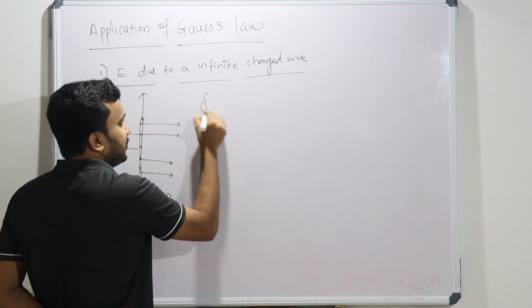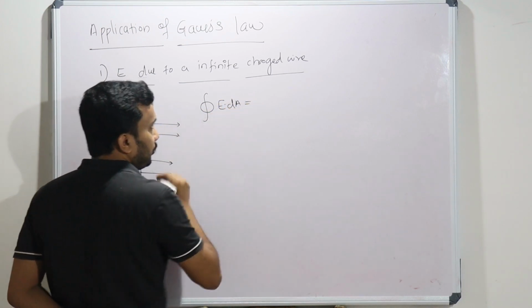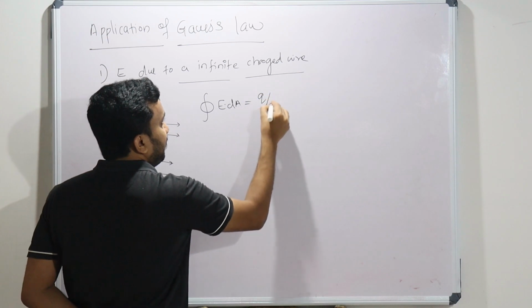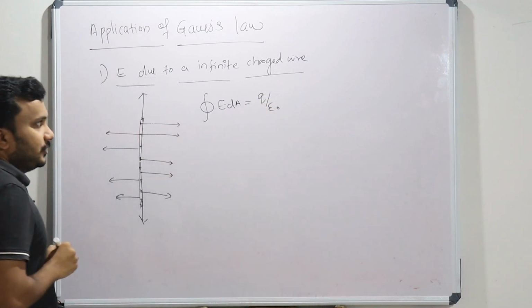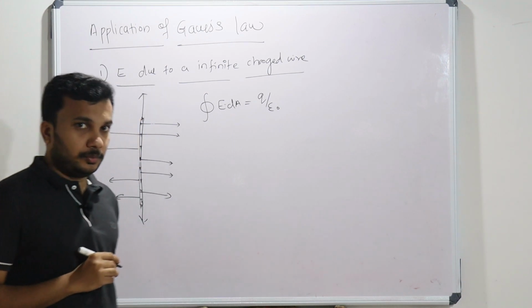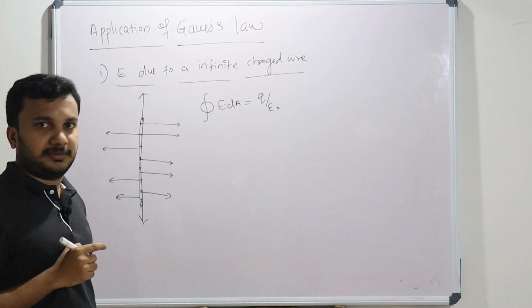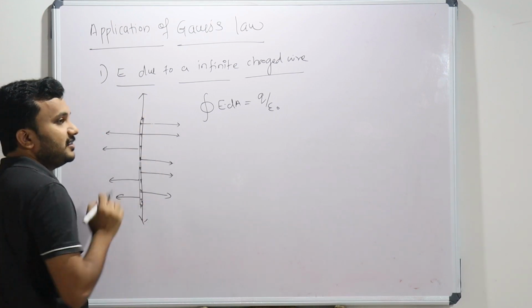What does Gauss's law state? The closed integral of E dot dA equals Q divided by epsilon 0. To use this law, we need a closed path. This is not a closed path, this is a wire.